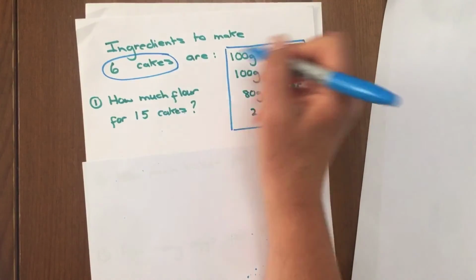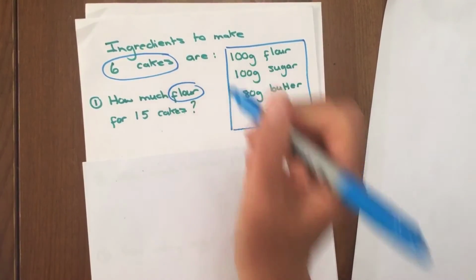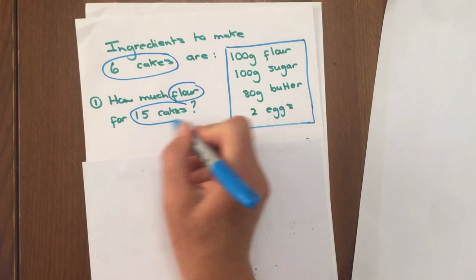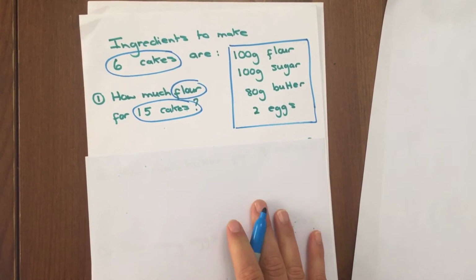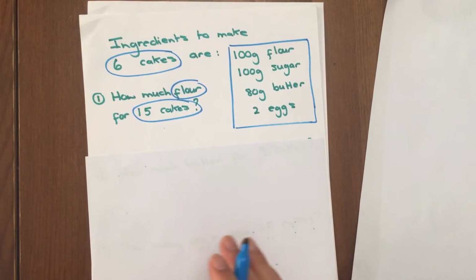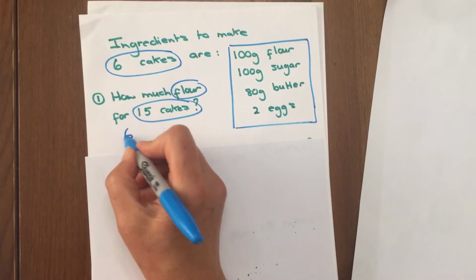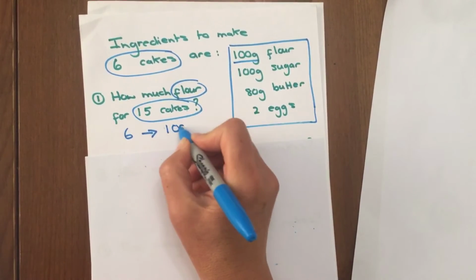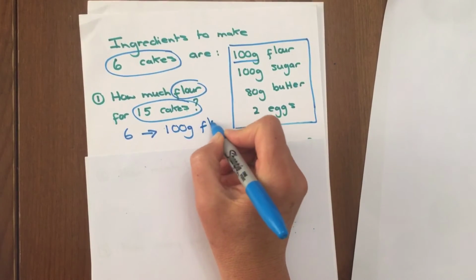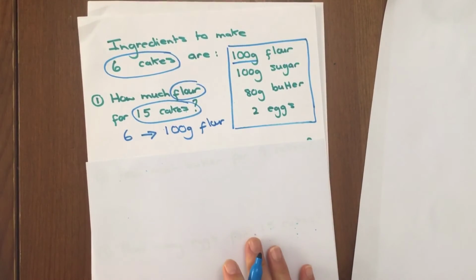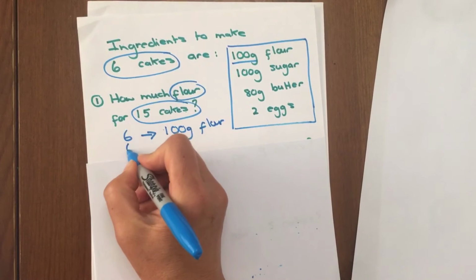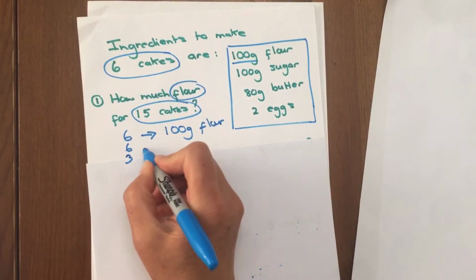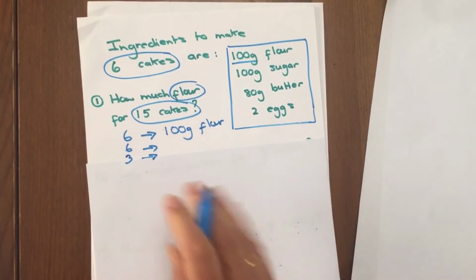Okay, so how much flour would I need for 15 cakes? I want you to write this one down in your books, please. Well, for 6 cakes, I use 100 grams of flour. Now, how can I get to 15? Well, I could do 6 again and 3.